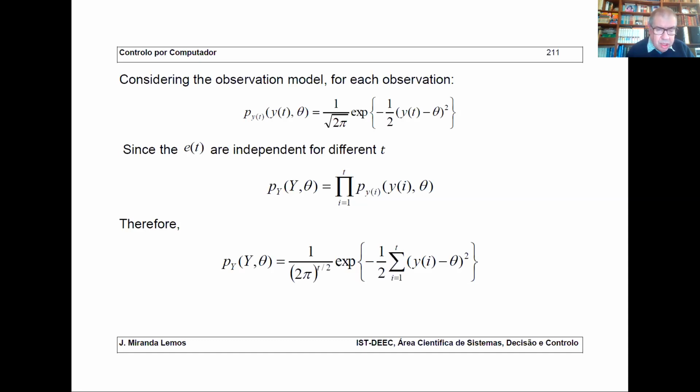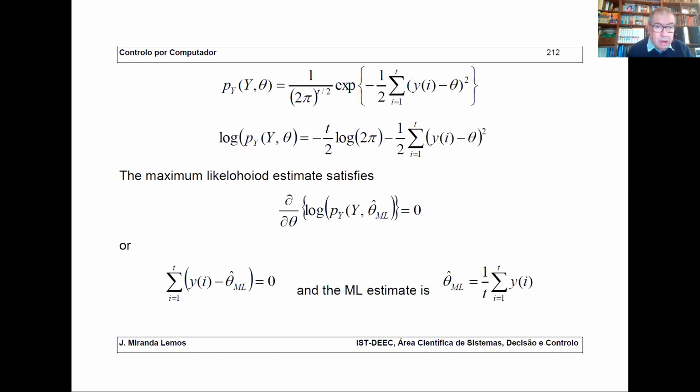So what shall I do? I will work with the logarithm. And if I work with the logarithm, then I have here a product of two terms, this term 1 divided by 2 pi up to t divided by 2, and this exponential. So the logarithm of this product is the sum of the logarithms. Okay, this term does not depend on theta, so it's not much important.